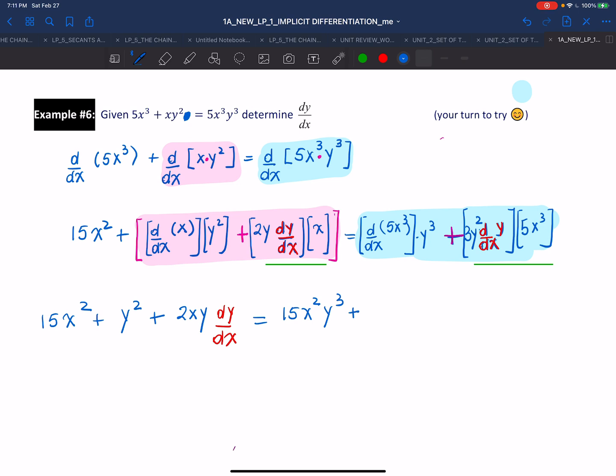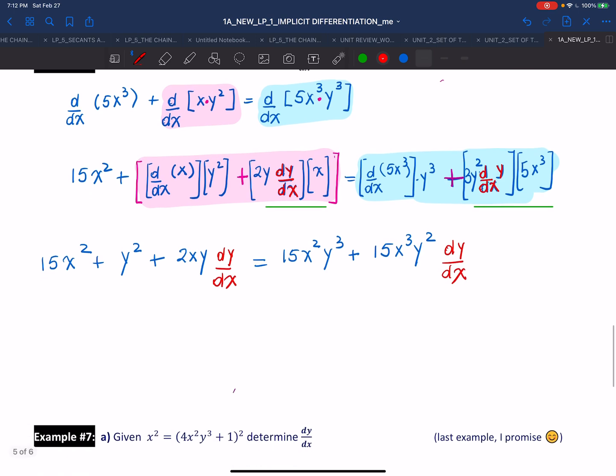And then plus, here as you can see, we have 3y squared, we have dy dx, and 5x cubed, all multiplying each other. So 3y squared and 5x to the power of 3 can multiply and join each other to become 15x to the power 3 y squared, and then dy dx.